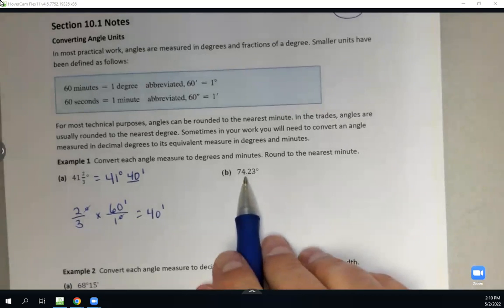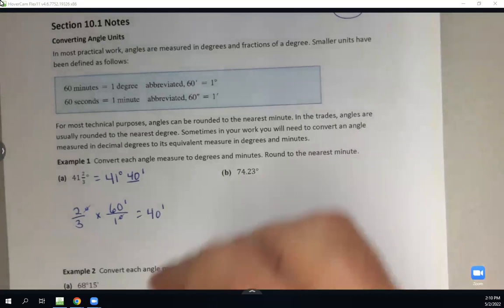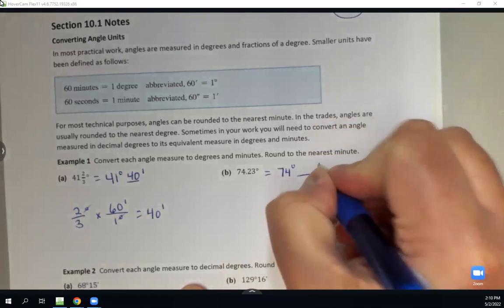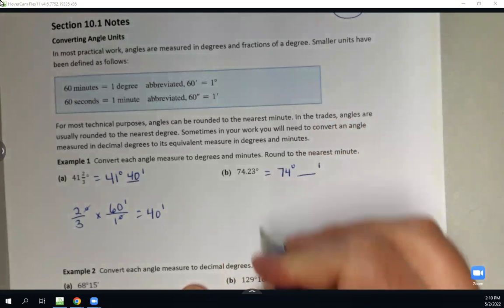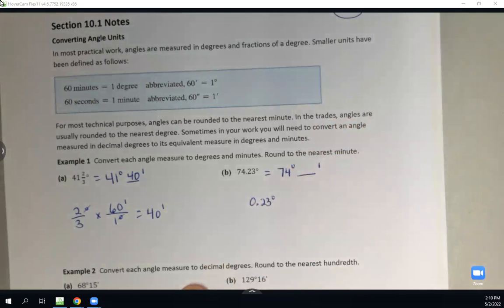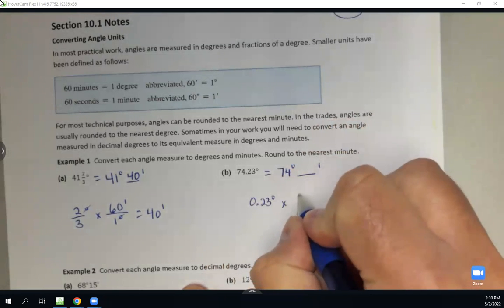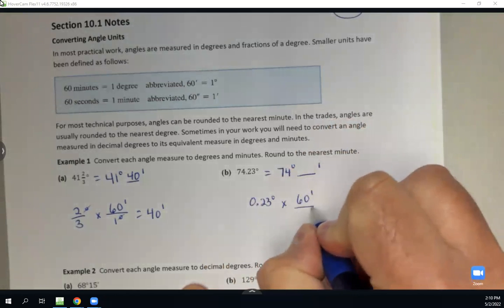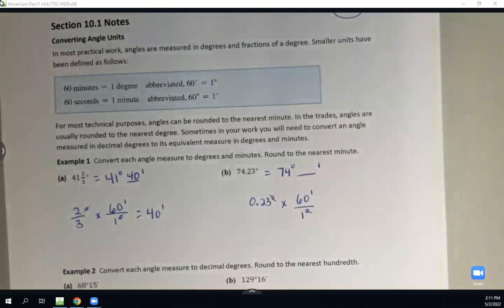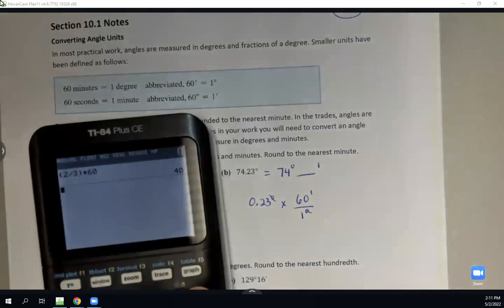Likewise, if we have 74.23 degrees, well, that's going to be 74 degrees and some odd minutes. And so if we want to change the 0.23 degrees into minutes, we're really just going to multiply by 60 over 1 degree. So the degrees will cancel and we'll really just multiply them by 60.